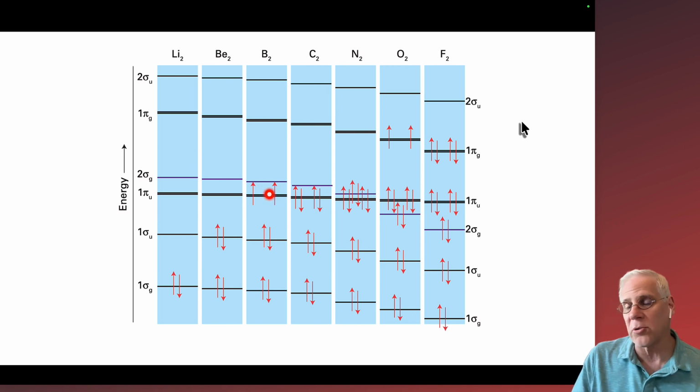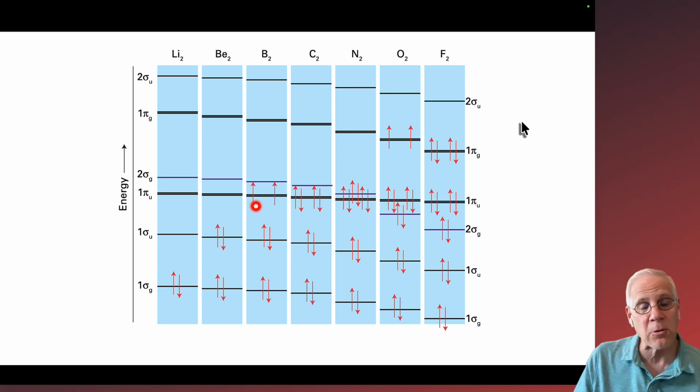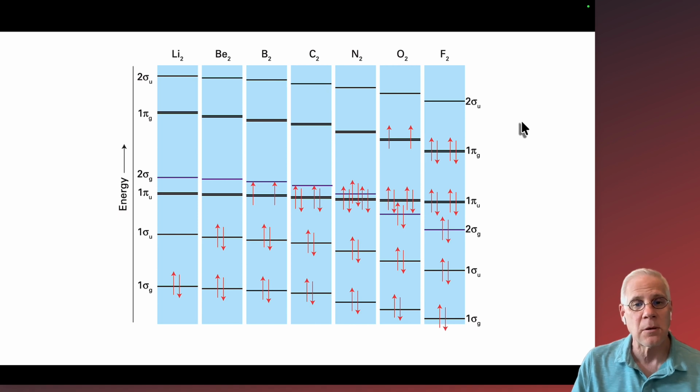So we have 2 molecular orbitals here, each with 1 electron in there, and that gives us a paramagnetic situation because we have unpaired electrons. If this 2 sigma G had been lower in energy, that's a single orbital. Both of these electrons would have gone in that orbital, and boron would be diamagnetic. But it turns out B2 is paramagnetic, and that's one of the reasons we know that this calculation is correct.